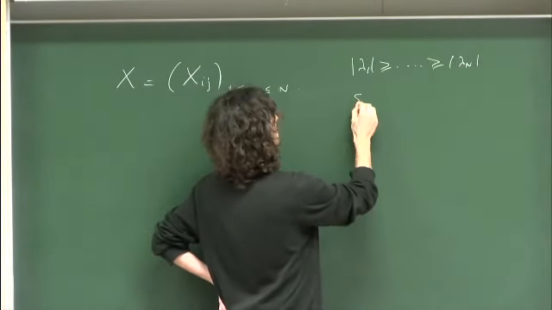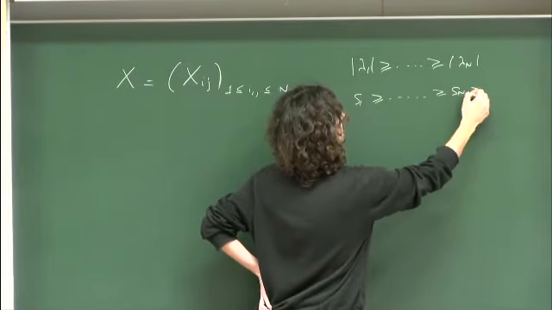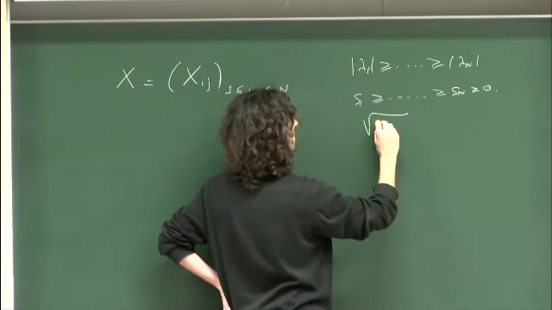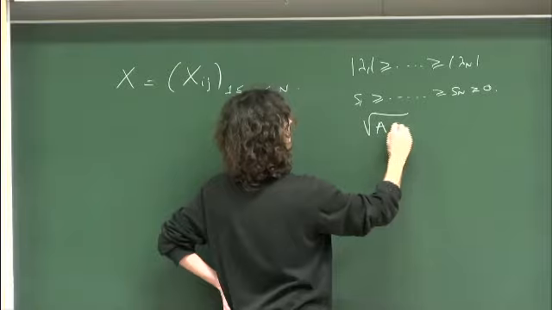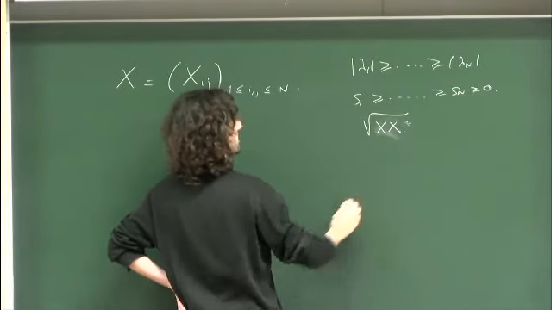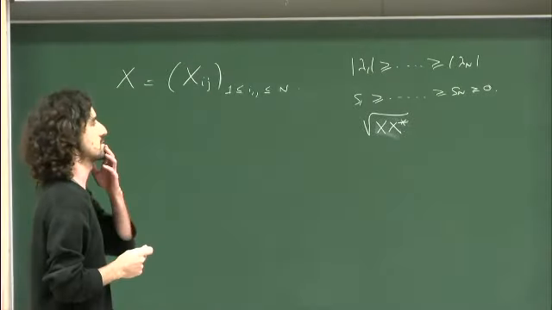The singular values are positive, and they are the square roots of the eigenvalues of XX star. So they are the square roots of the eigenvalues of XX star.